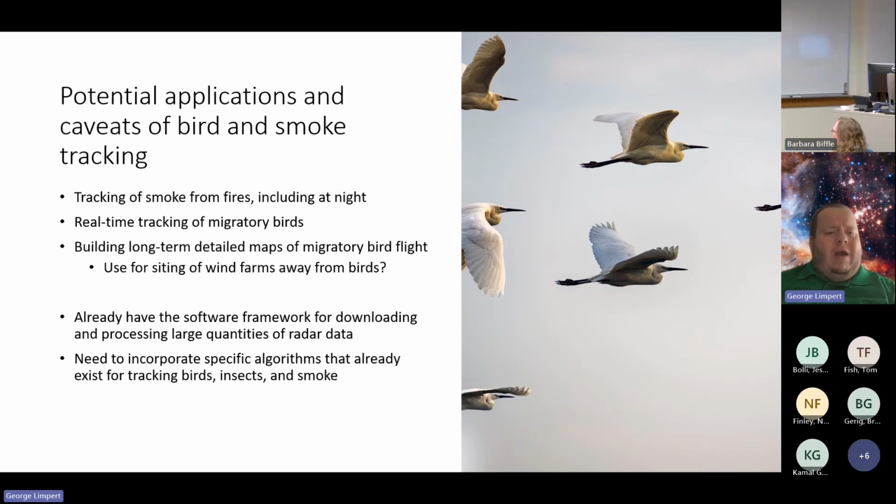I'm going to talk about real-time tracking of migratory birds, and what we can do perhaps for building long-term detailed maps of migratory bird flight. But there are a lot of different applications, and perhaps you have some other ideas about how this can be used. So we already have software for downloading and processing lots and lots of weather radar data.